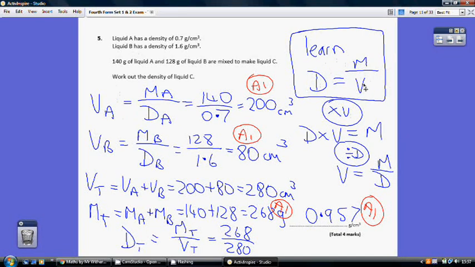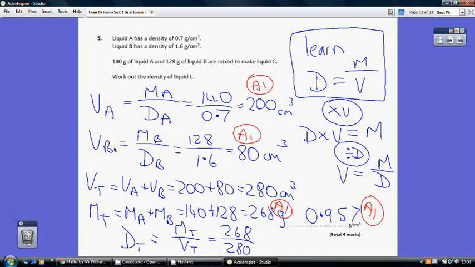So to do that, I first of all multiplied by V. So D times V equals M, and I've then divided by D. So volume is mass divided by density. So I can work out the volume of A by doing the mass of A, 140, divided by the density of A, which is 0.7, giving me a volume of A of 200.